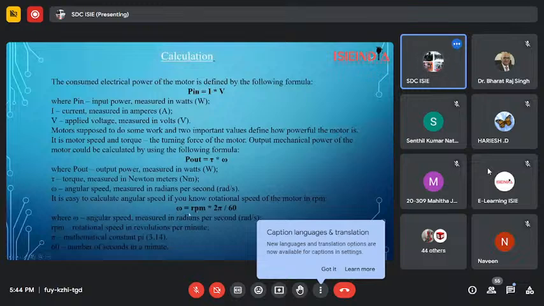Here omega will be RPM into 2 pi upon 60, where omega is the angular speed measured in radians per second, RPM is rotational speed in revolutions per minute, pi is the mathematical constant 3.14, and 60 is the number of seconds in a minute. In this way, we can calculate the output power.